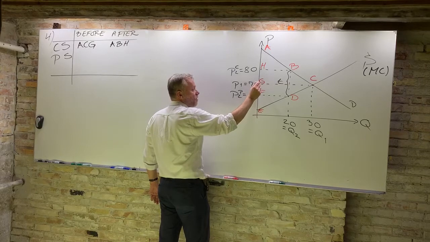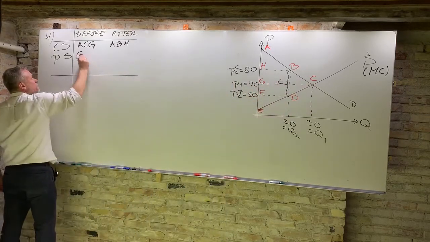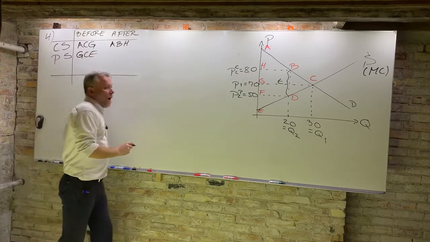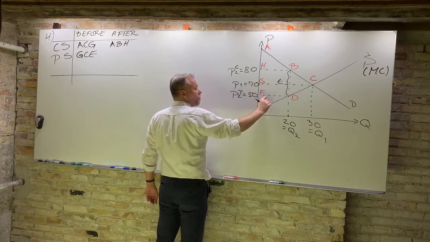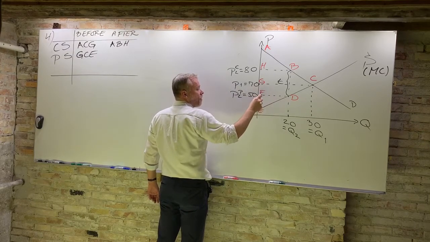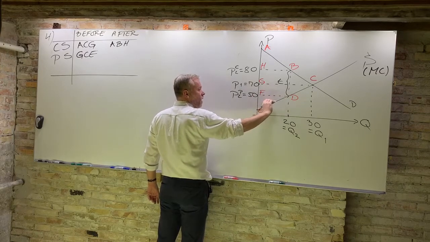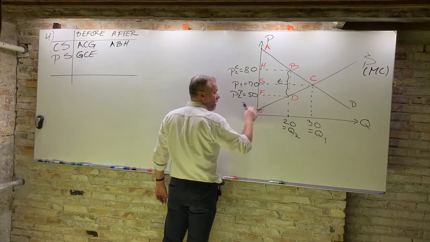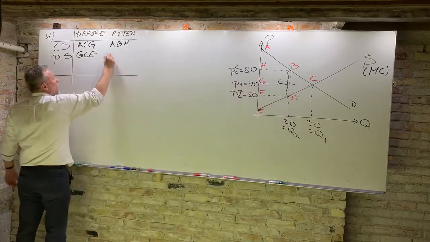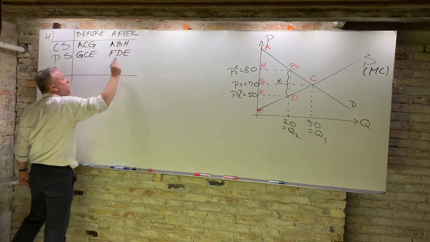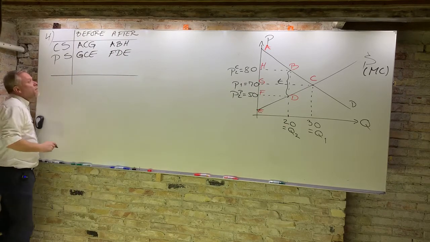So producer surplus is G, C, E. And finally, when the tax is introduced, the price for producers decreases to 50. So now the producer surplus is F, D, E, the area underneath the price above the marginal cost curve to the left of the quantity, F, D, E.